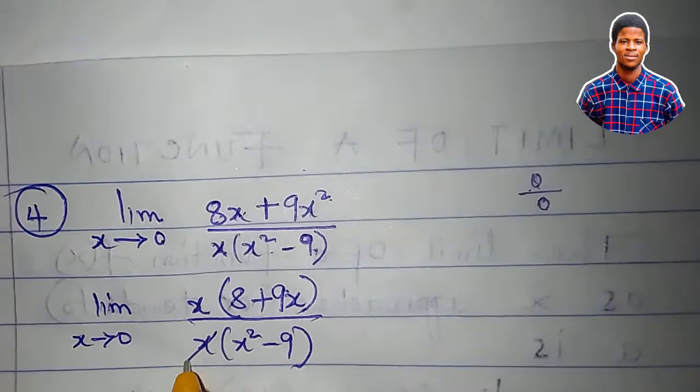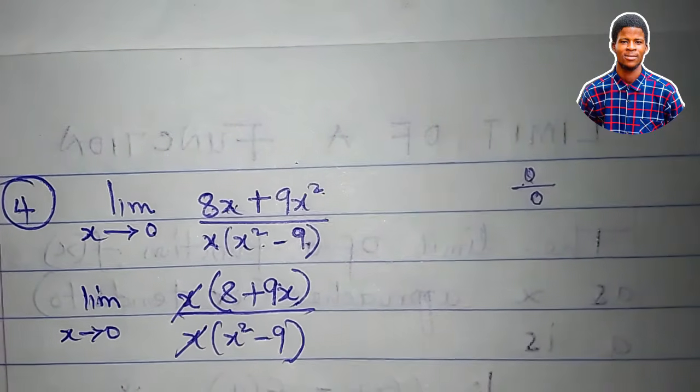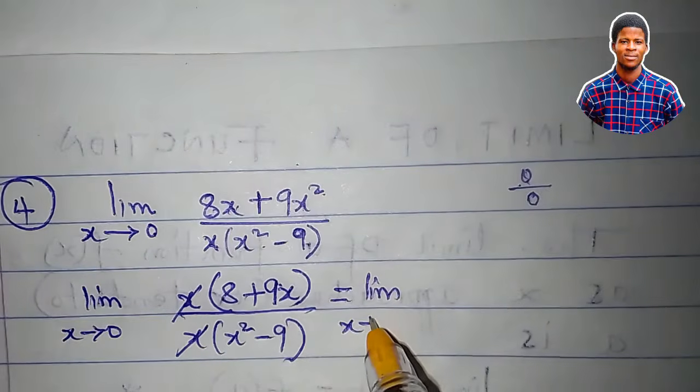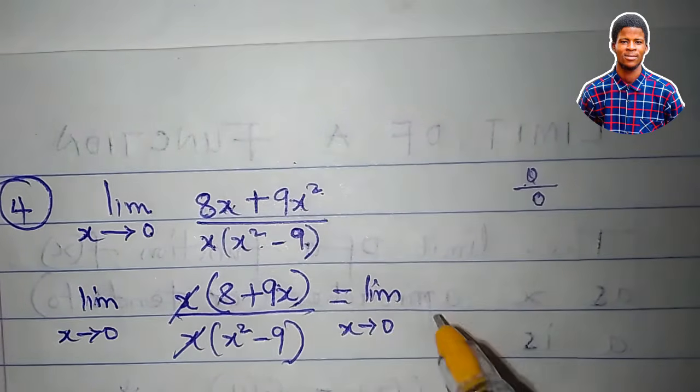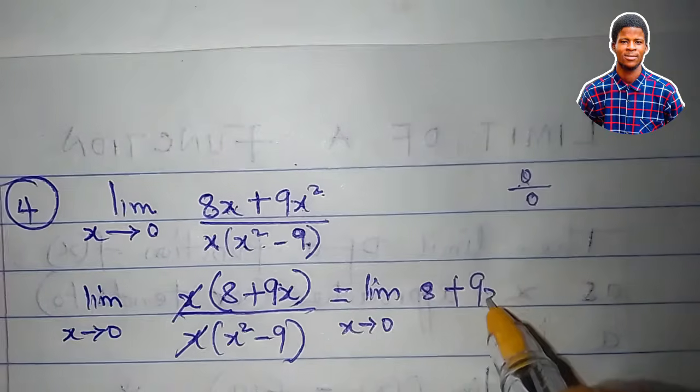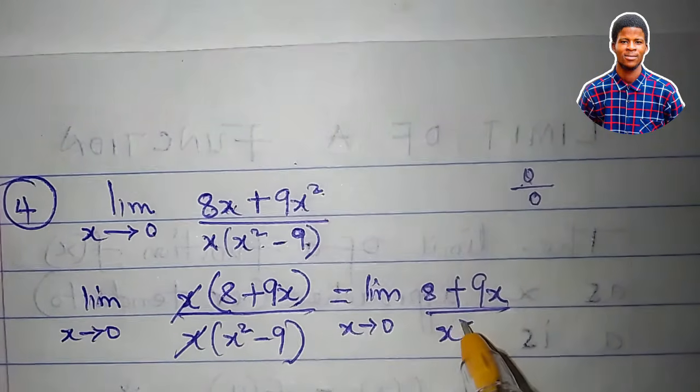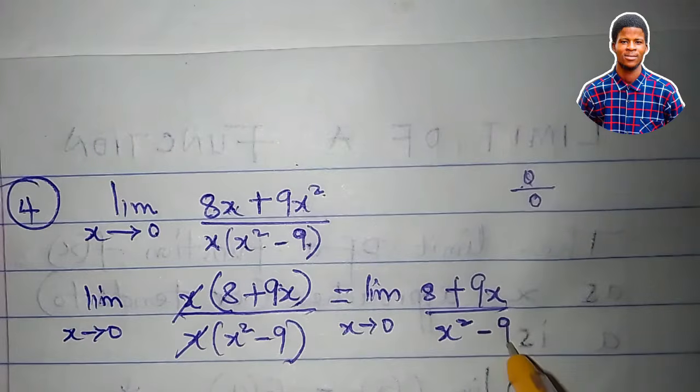So this x can actually remove this x. So we can obtain the limit as x approaches 0 of 8 plus 9x upon x squared minus 9.